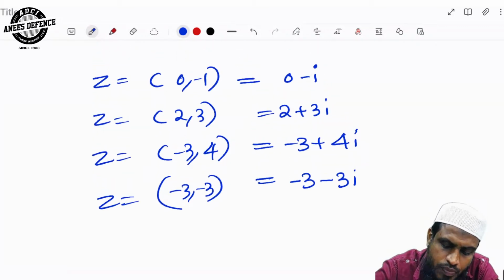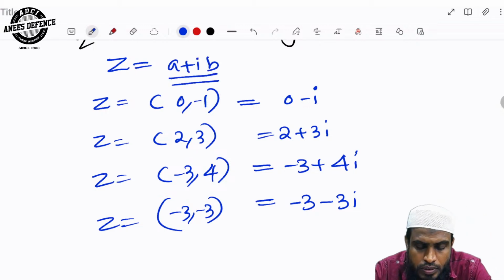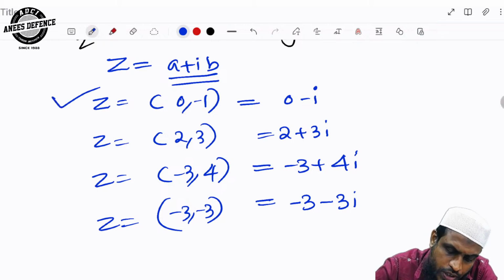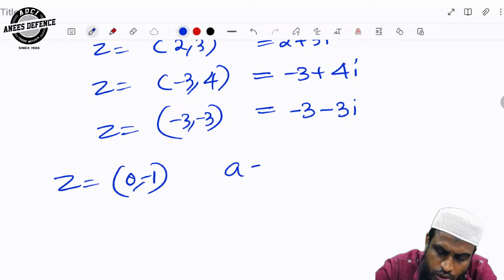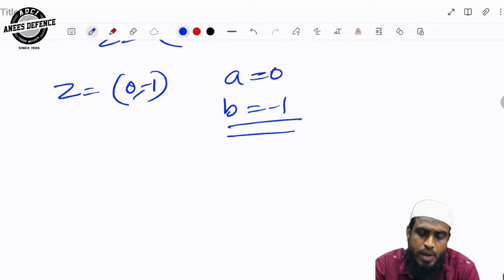Here, if the general complex number z is equal to a plus ib, in the first case z is equal to 0 minus 1. Here a is equal to 0 and b is equal to minus 1. So a should be in real and b should be minus 1.